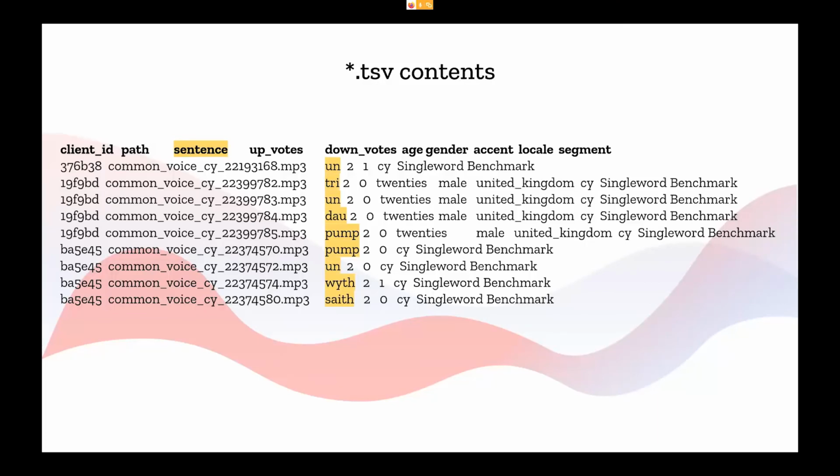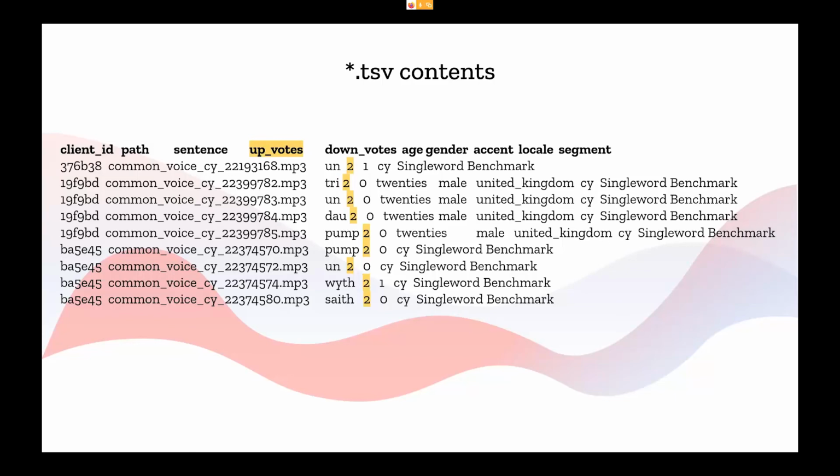So these are Welsh numbers 1 through, I'm not sure, my Welsh is rusty. But we've also got information on upvotes and downvotes, and this is really interesting information. So you might just be looking at the data from invalidated and validated to determine which ones are valid and which ones the person said something different.